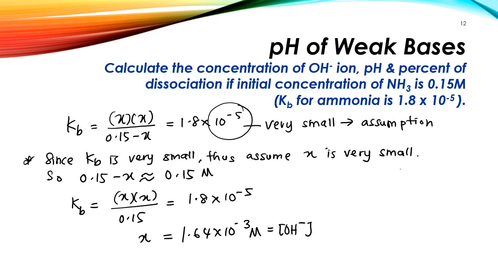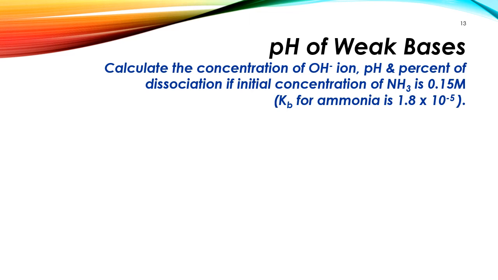So now we have the concentration of the OH minus. How can we determine the value of the pH from the concentration of the OH minus? We can use the concentration of OH minus to determine the pOH, that is negative log of the concentration of OH minus.